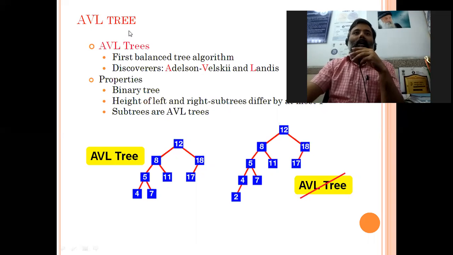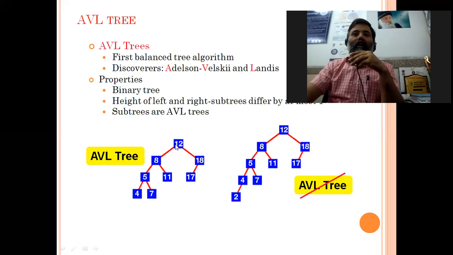Now, what is an AVL tree? Any AVL tree should be a binary tree. And this is the important point for an AVL tree: the difference between the left subtree and right subtree height should be at most 1. See this example.